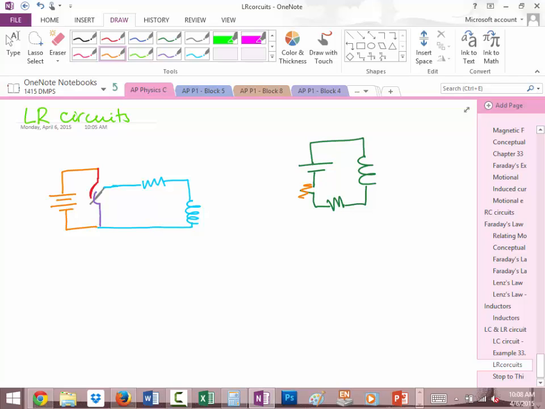So the reason we use this funny little switch is so that the contact is maintained here until this one has been transitioned over. Does that make sense? So we don't have any moment where it's not in contact with something.